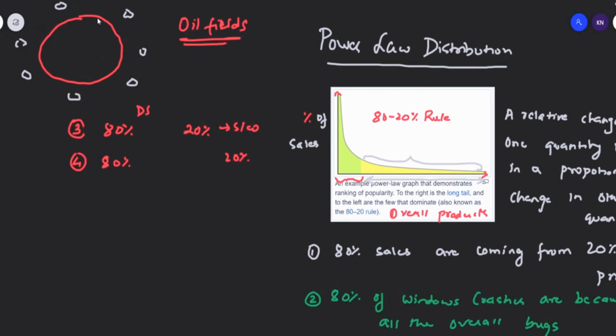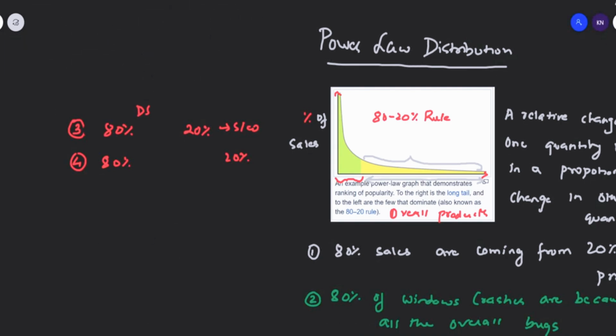So just understand that 80 percent of the entire oil is extracted from here, and the remaining 20 percent from these. Sorry, I just want to make this pretty much clear. Suppose I have some area of land over here, and probably I have some more small areas like this distributed.